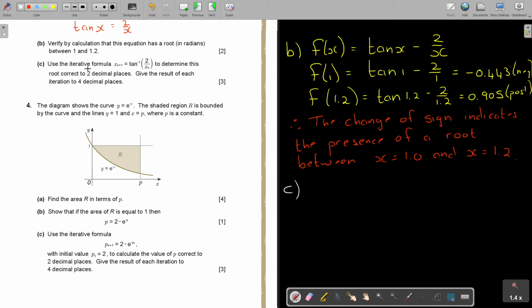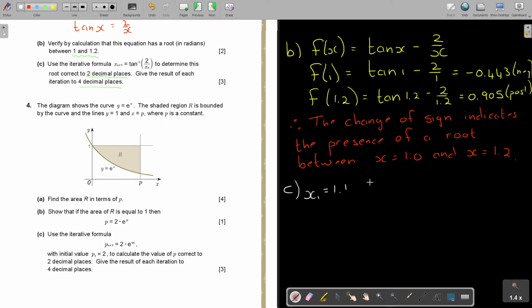Use the iterative formula to determine this root, correct to 2 decimal places, giving the results of each iteration to 4 decimal places. Now you know that the root is there, so I can start with x1 in the middle. Make it 1.1, so x1 equals 1.1.